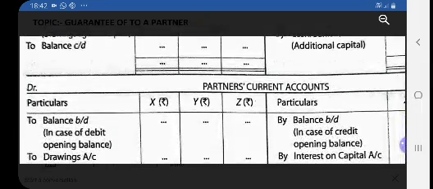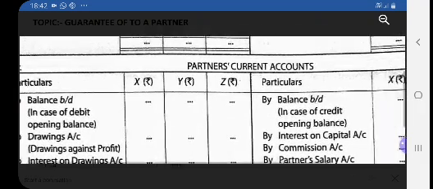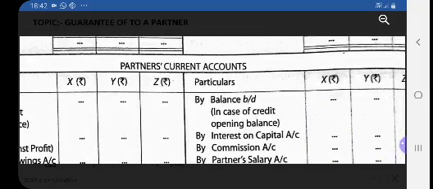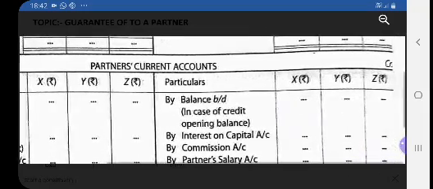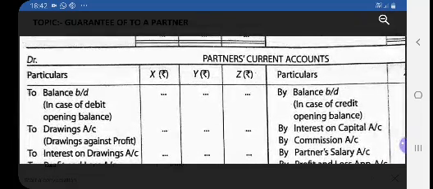And in the partners' current account, as I already discussed, current account may have a debit balance or it may have a credit balance. If there is a credit balance, then you will write on the credit side as by balance b/d individually in the X, Y, Z columns. Suppose Y has a debit balance, then you will write to balance b/d and the amount in the Y column.